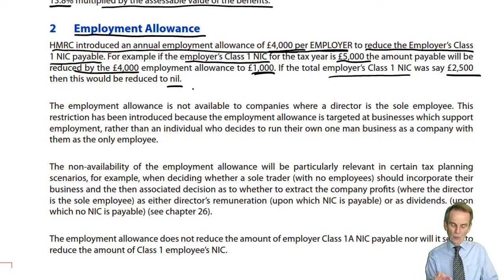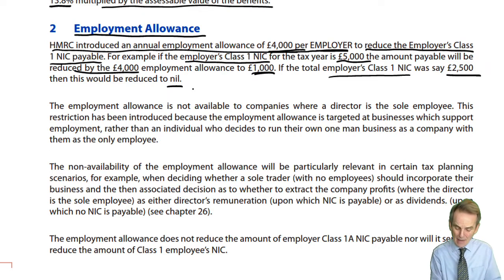So £4,000, if your Class 1 employer NICs were only £5,000, then £4,000 is a huge reduction, taking out 4 out of 5, 80% of it. If you're a large employer and you're paying not £5,000 but £500,000 or £1 million worth of such NICs, then £4,000 is a drop in the ocean.